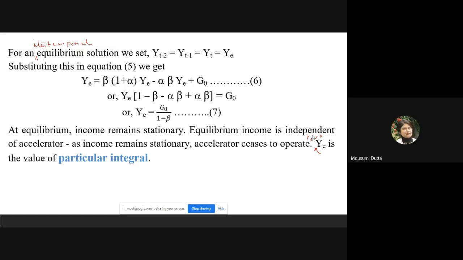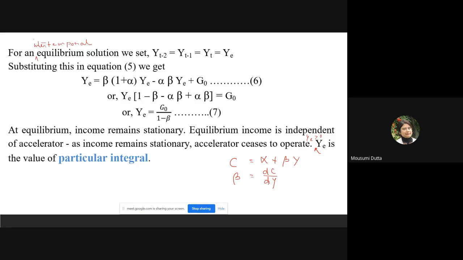In general, we write the consumption equation in this way in a macro context. So what is the meaning of beta then? Marginal propensity to consume, MPC, so it is dC by dY, the slope.